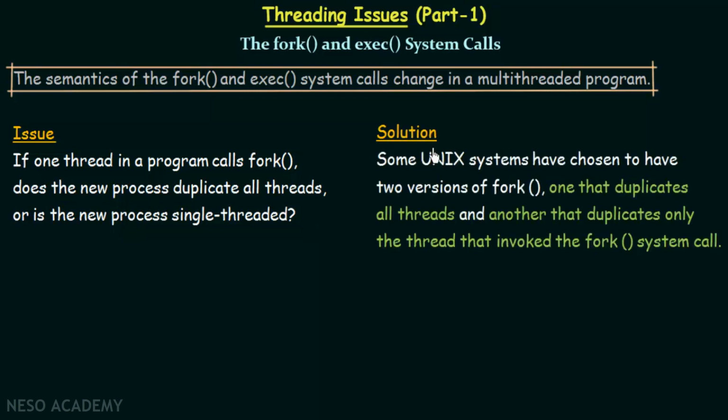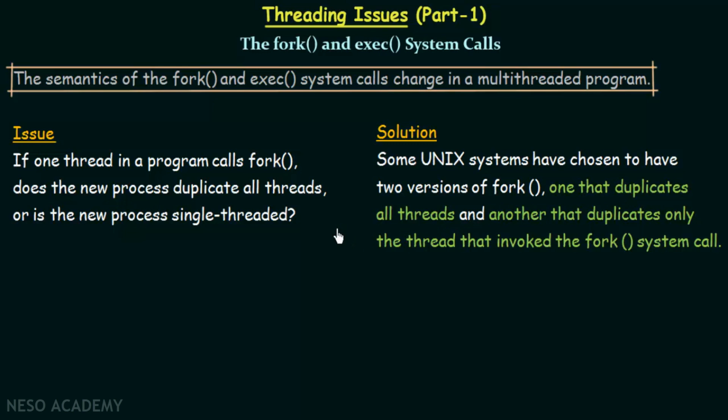So what is the solution for this? The solution is that some Unix systems have chosen to have two versions of fork. One duplicates all the threads, and another duplicates only the thread that invoked the fork system call. Among the two versions, one will duplicate all the threads.